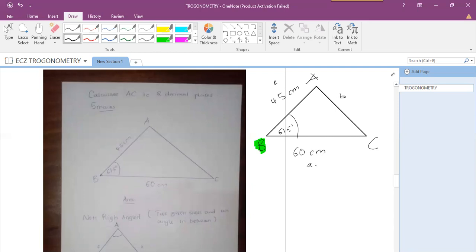Are we together? Yes. All right, good. So I followed this side and said this is small letter b, this side is small letter c, and this side is small letter a.